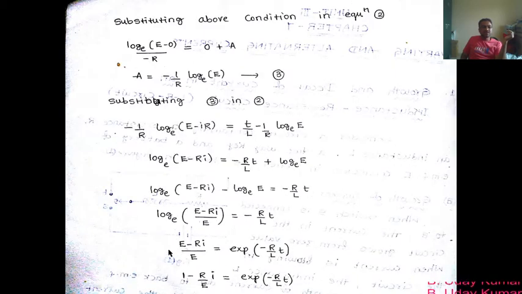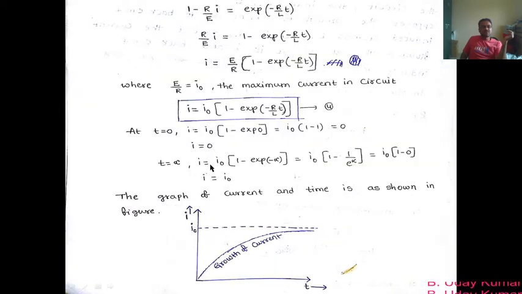This also we have done yesterday. On simplifying the above equation by integration, we got this equation, which is I equal to I0 times in bracket 1 minus exponential of minus R by L into t. This is the equation which shows how the current is growing in the circuit with respect to time.